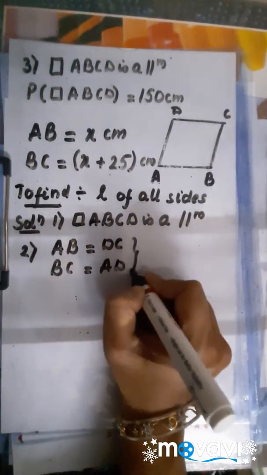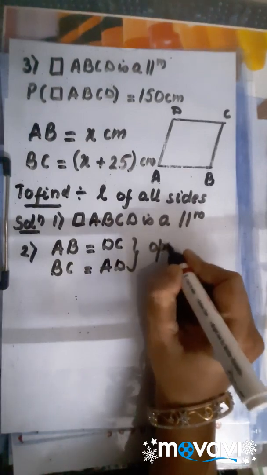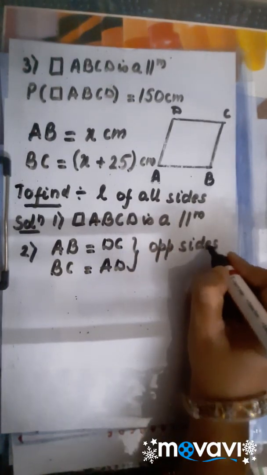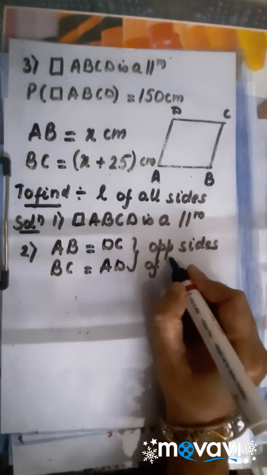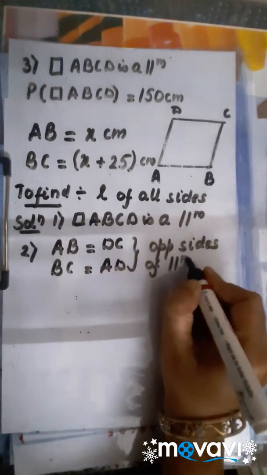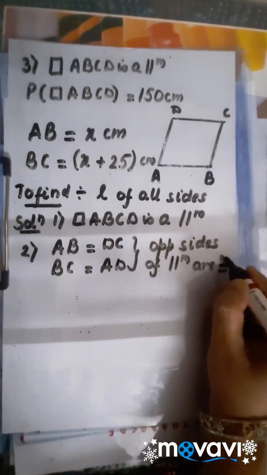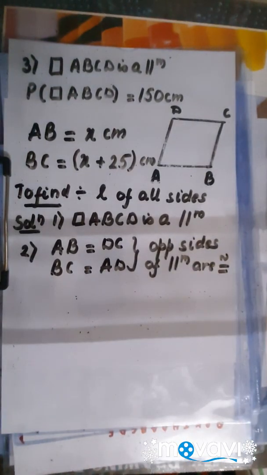What is the reason? Opposite sides of a parallelogram are congruent. Correct?